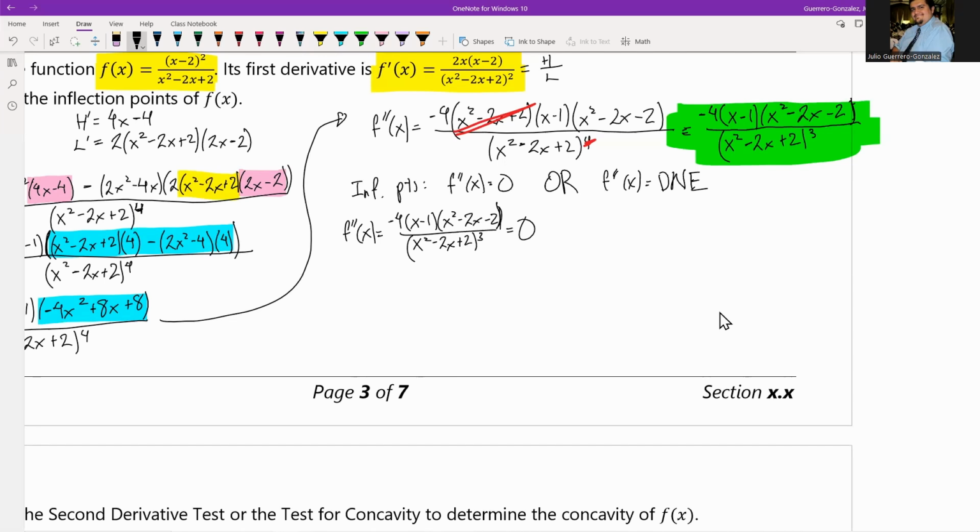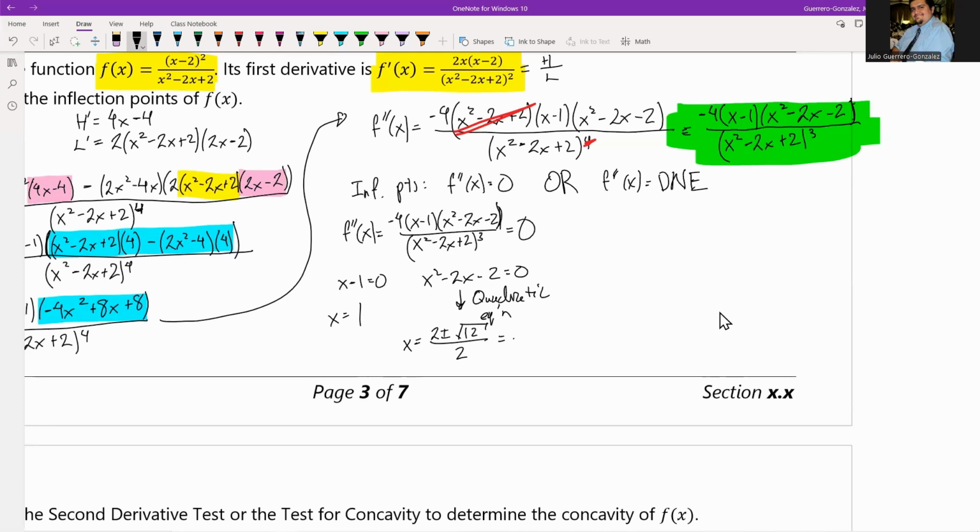So that means x minus 1 has to equal 0, or x squared minus 2x minus 2 has to equal 0. This one gives us our easy one. x has got to be equal to 1. The second one, we need to use the quadratic equation. And that gets us x is equal to 2 plus or minus, I'm going to write it out, and then I'll give you the decimal values, all over 2.